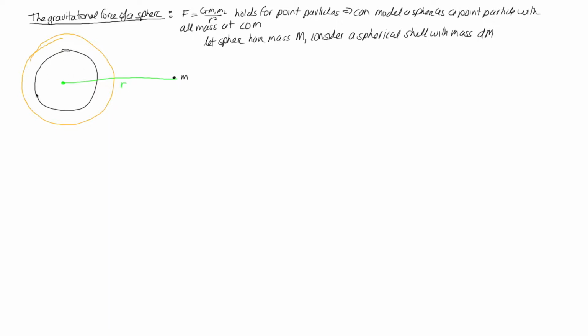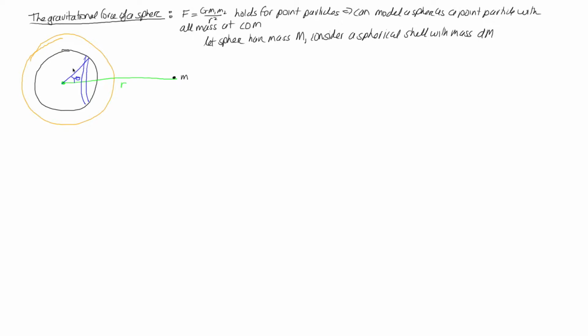And we're actually going to have to break our shell up. So let's start by considering a little ring. So we're going to call this angle here theta, and then we'll take a ring all the way around our shell. So this is a circle.